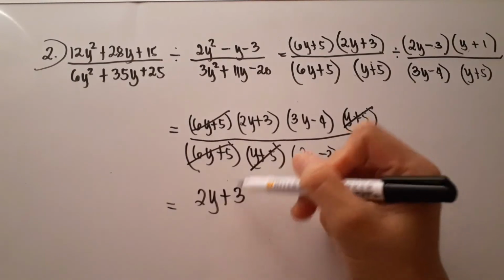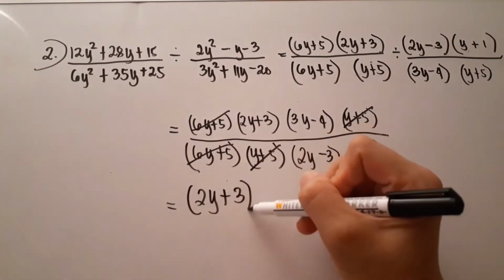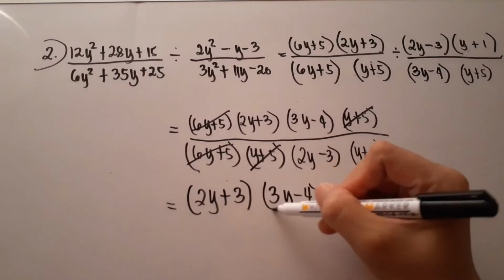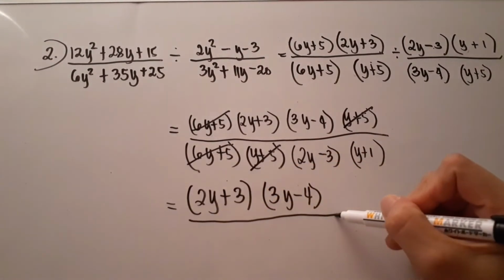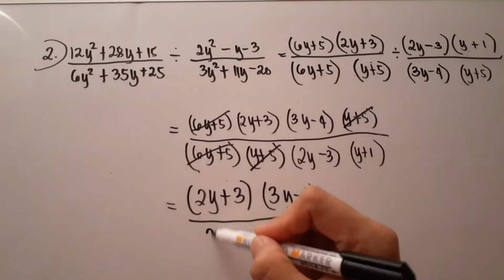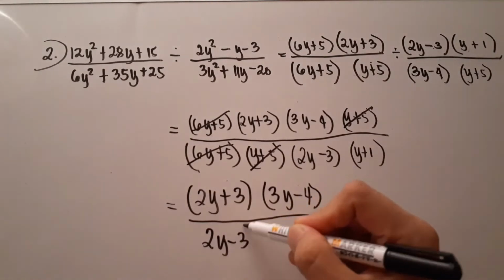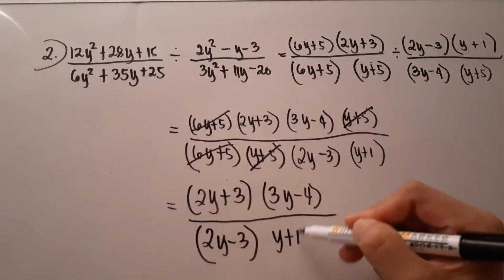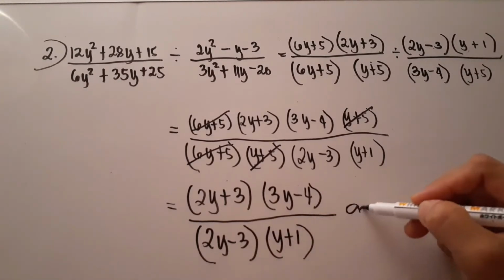Remember that we cannot cancel out if the sign is different. So we have 2y positive 3, quantity of 3y negative 4 over 2y negative 3, quantity of y positive 1. And this is our answer.